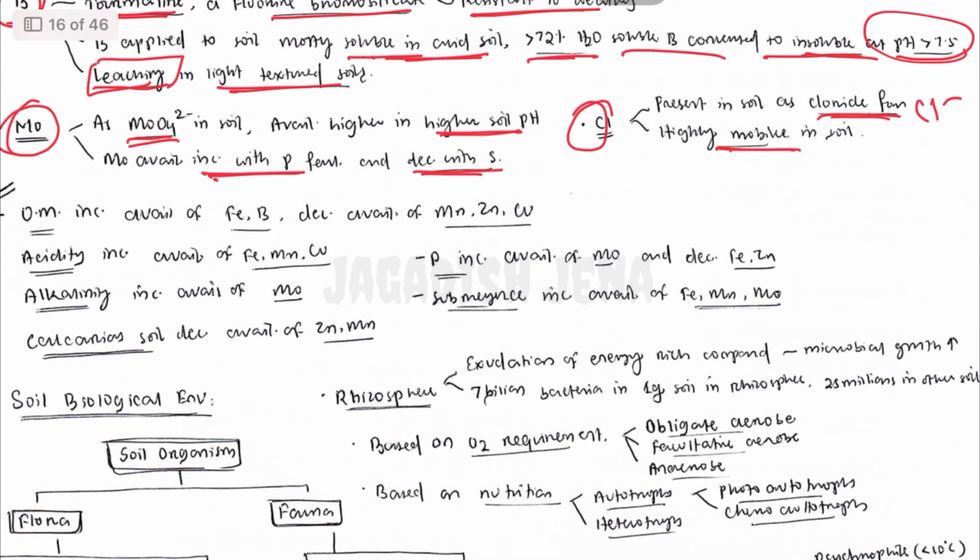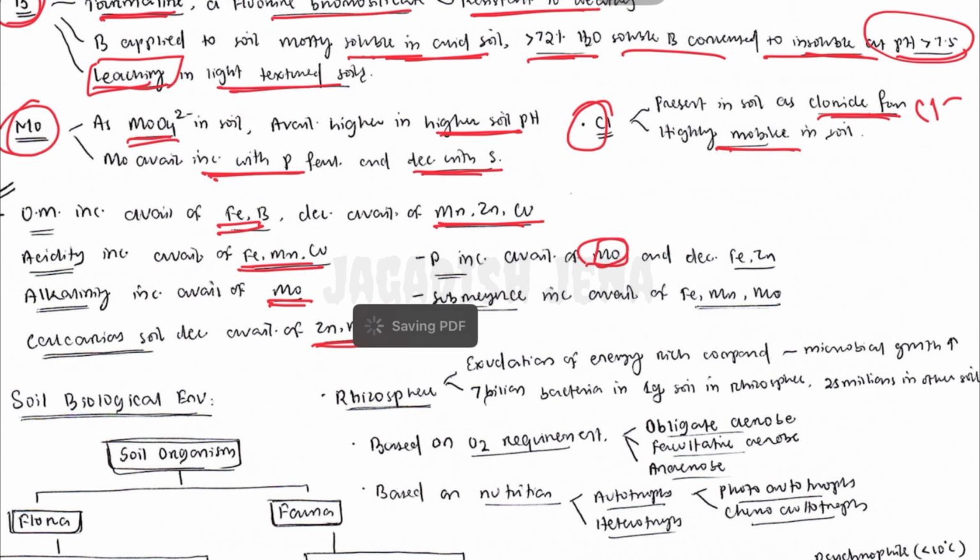Then organic matter increases the availability of iron and boron, but decreases the availability of manganese, zinc, and copper. We have already talked about it. Now acidity increases availability of iron, manganese, and copper. Alkalinity increases the availability of molybdenum. Calcareous soil decreases the availability of zinc and manganese. Phosphorus increases the availability of molybdenum and decreases the availability of iron and zinc.